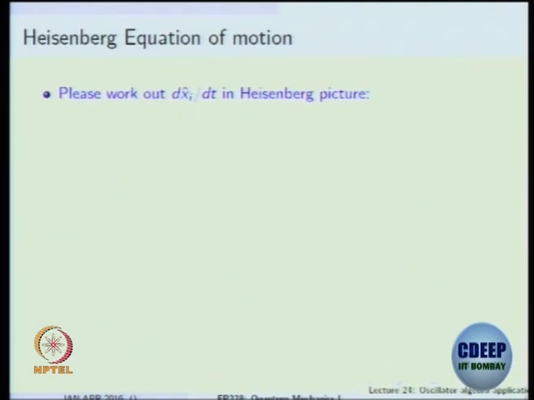Now that we have got the energy spectrum, if you recall, for this Hamiltonian I said you should get the Lorentz force. I don't know how many of you have already worked it out, but if you have not, recall Ehrenfest's theorem, and that should be obtainable in the Heisenberg picture by writing the Heisenberg equations of motion. In the Heisenberg picture, work out dxi by dt, which is given by your familiar commutator of xi with the Hamiltonian.